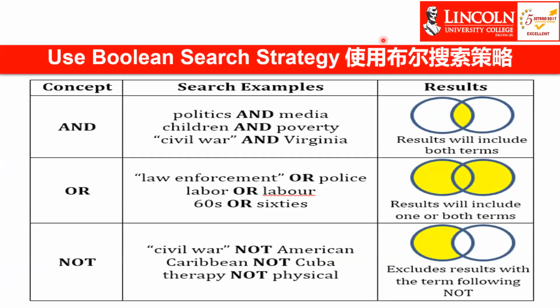Now, you need to know how to use Boolean search strategy. This is because some search engines allow you to customize. Remember, I mentioned earlier, let's take Google, for example. When you search for something, it's going to give you millions of results within a few seconds. You are not expected to go through all those millions of results, one after the other.